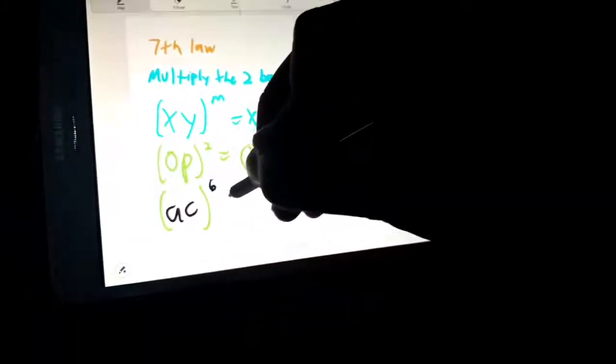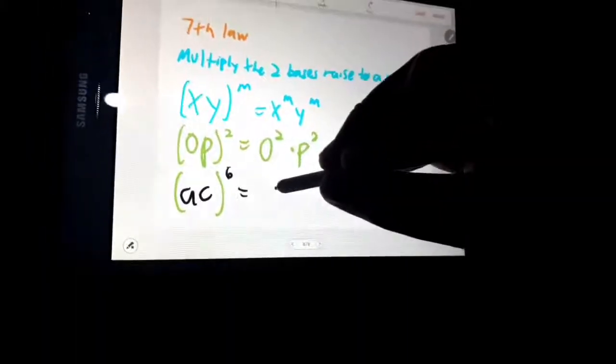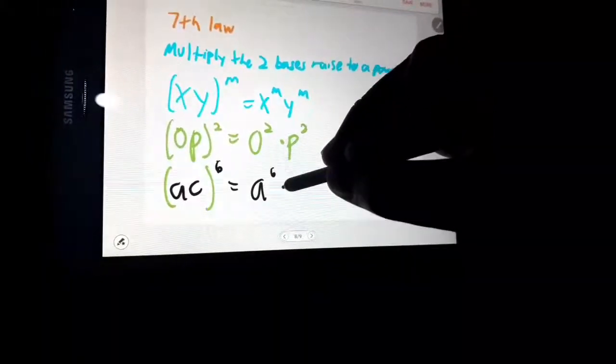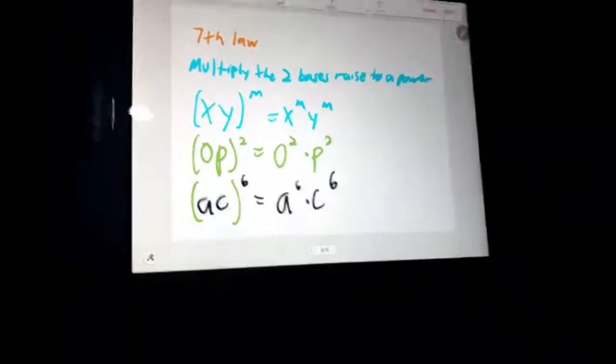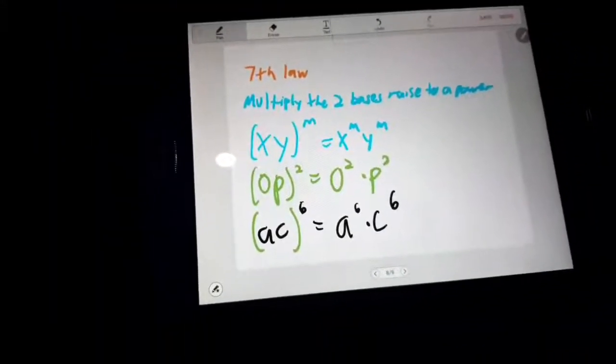Oh, and another example, A times C raised to 6. Magiging A raised to 6 times C raised to 6. By the way, yung 7th and 8th law na yun, mas madali.